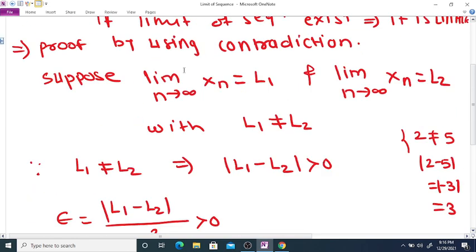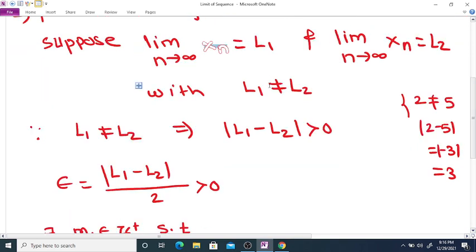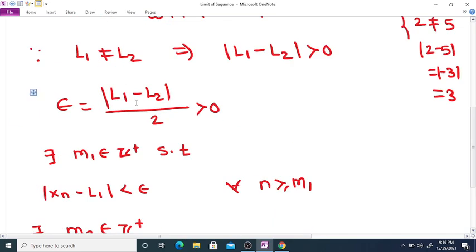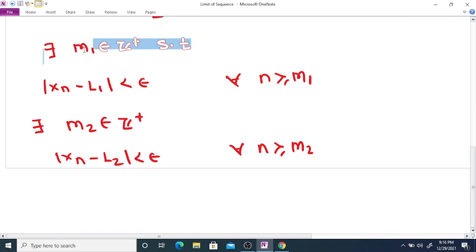Since it is given that x_n has limit L1 and x_n has limit L2, if we take any epsilon greater than 0, there exists a positive integer m. So for this epsilon, there exists m1 such that mod of x_n minus L1 is less than epsilon, and m2 such that mod of x_n minus L2 is less than epsilon.